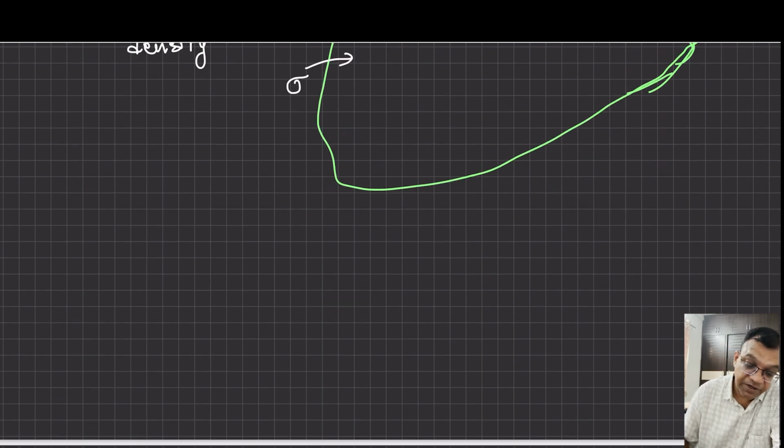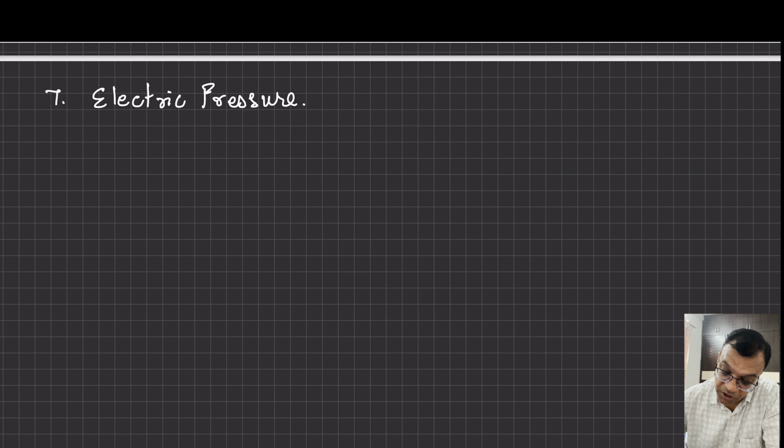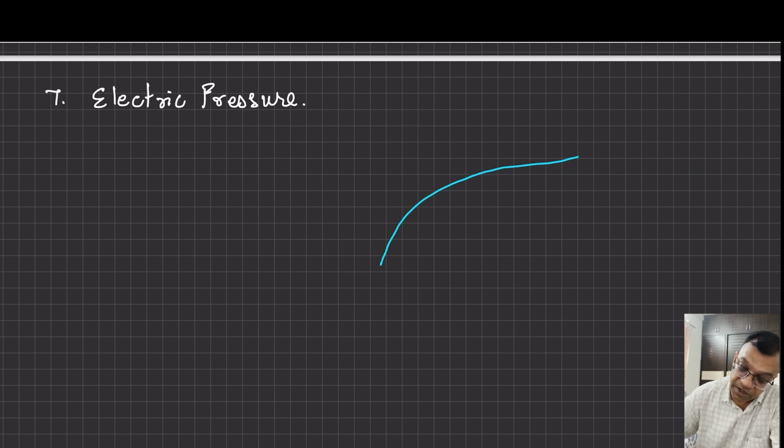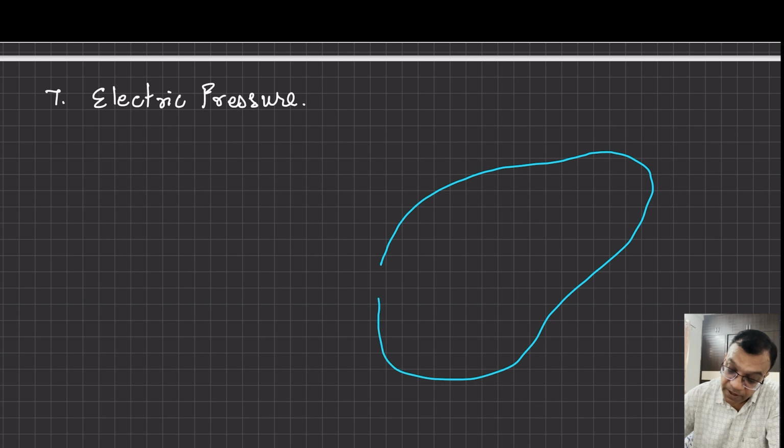Next we have the electric pressure. This is also a conceptual point. You consider any conductor surface like this, and at this point you take a small surface element delta S, and here the charge density is sigma at this location. At this location it can be, say, sigma 1, at this location say sigma 2.